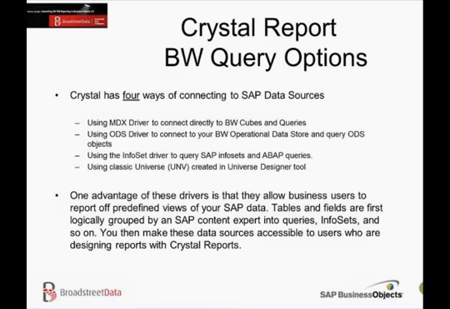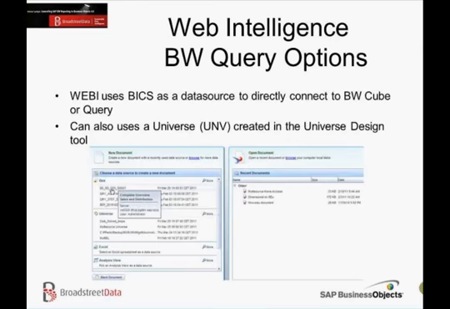So we don't have to redevelop that. We're just using that as an abstraction layer to work with our new reports and develop our new reports. Now, within Web Intelligence, like I mentioned earlier, we have the ability to connect to BICS directly.